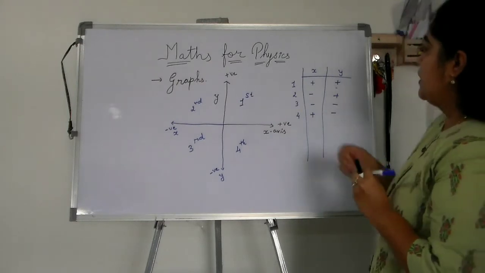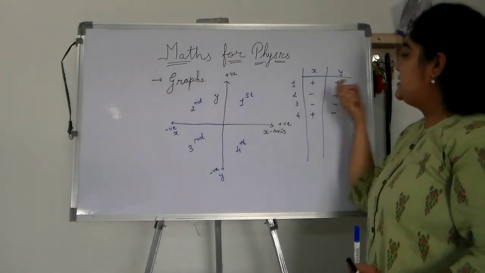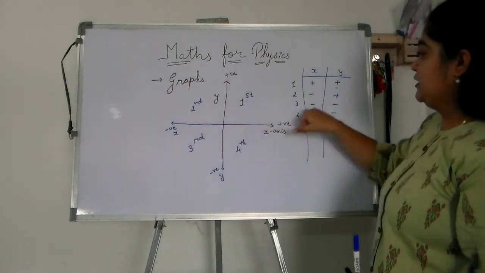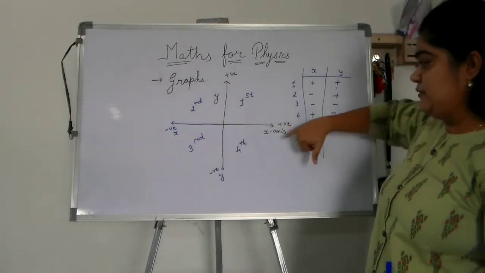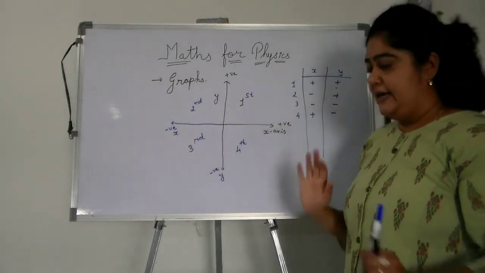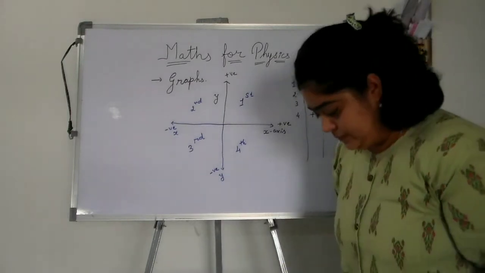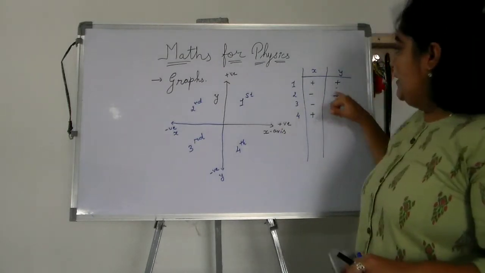So what do we have? In the first quadrant, x is positive, y is positive. In the second quadrant, x is negative, y is positive. In the third, both are negative. And in the fourth, x is positive, the y is negative. So this is very briefly what I have told you.